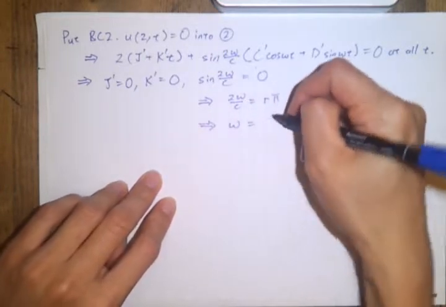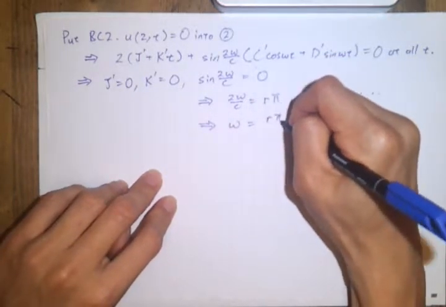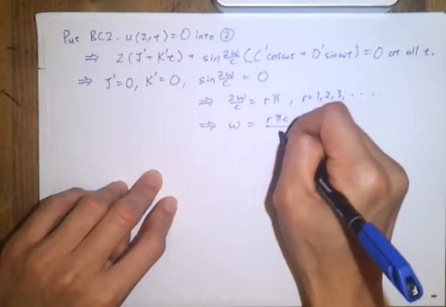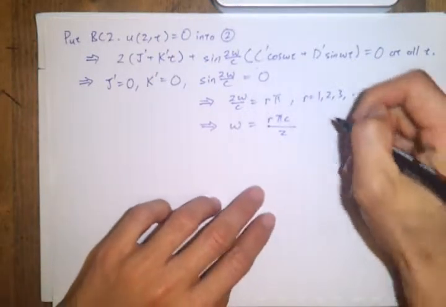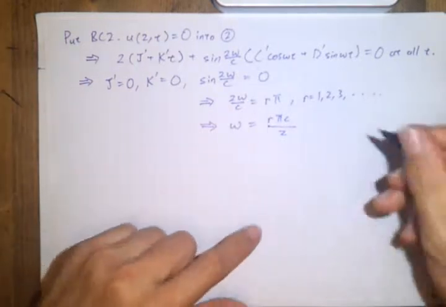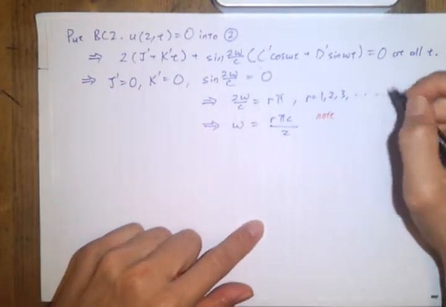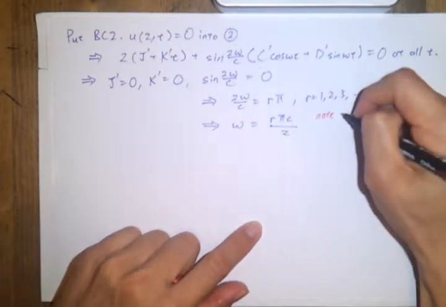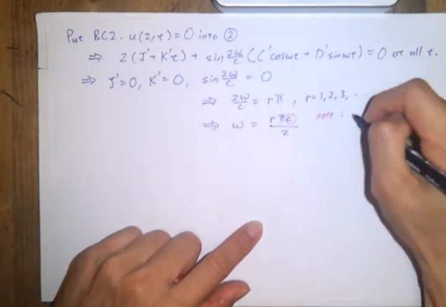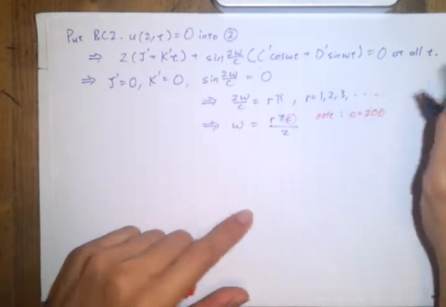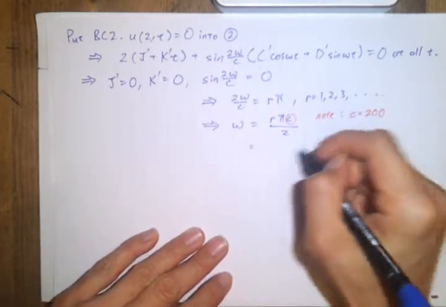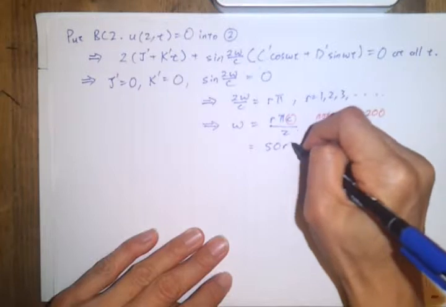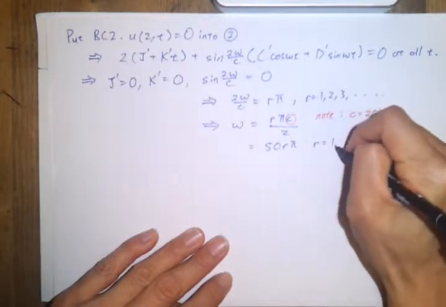So omega is just r pi c over 2. Now that you have this, let me remind you in the question, you are told to use the small c, this small c is equal to 200. So you know that your omega is now just 50 r pi, r equals 1, 2, 3.